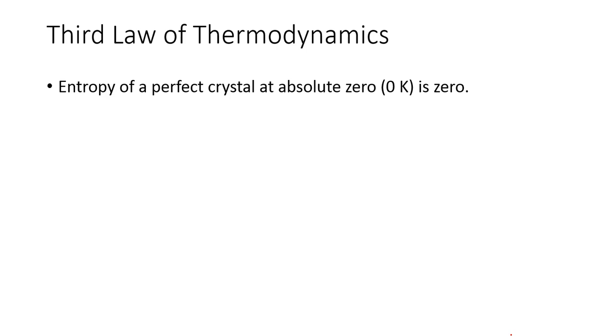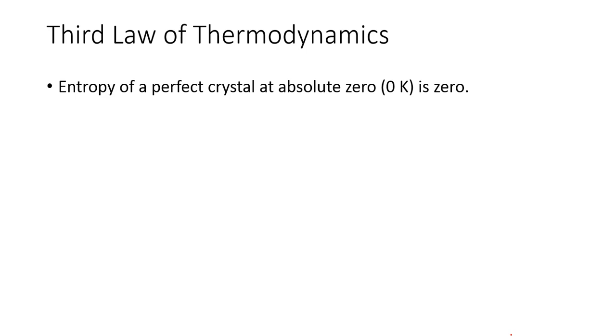Now let's talk about the third law of thermodynamics. The third law of thermodynamics says that the entropy of a perfect crystal at absolute zero, that is 0 Kelvin, is equal to 0.